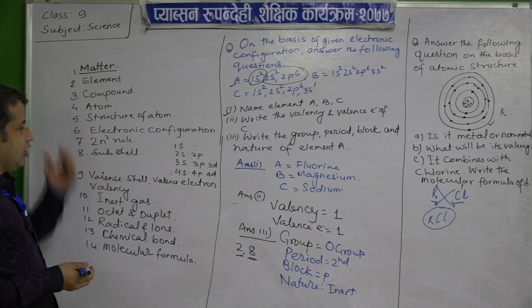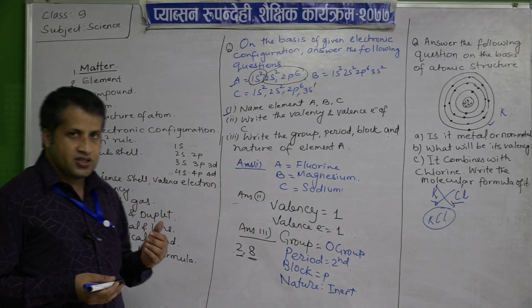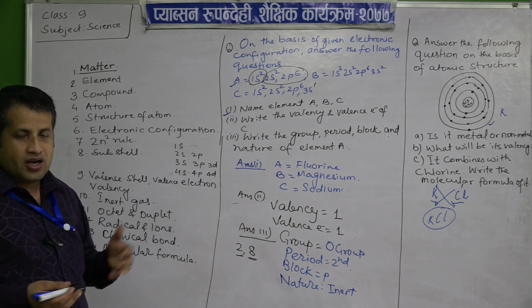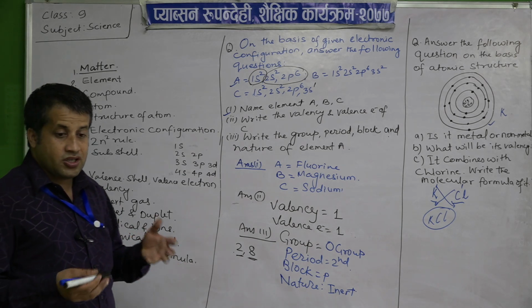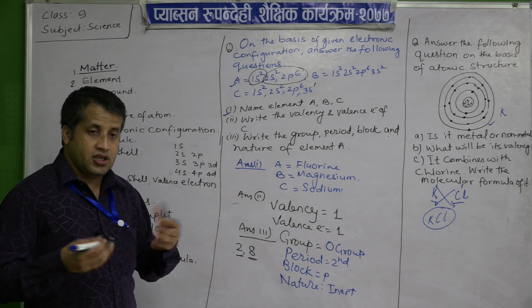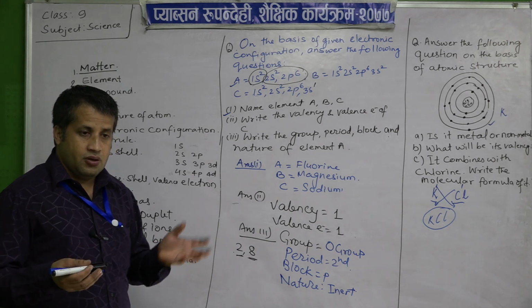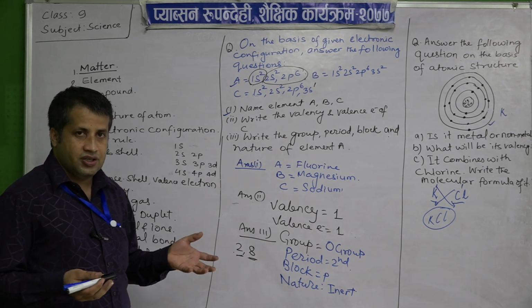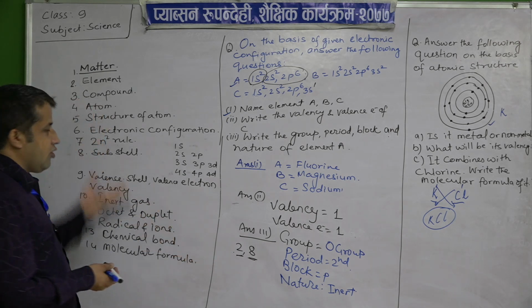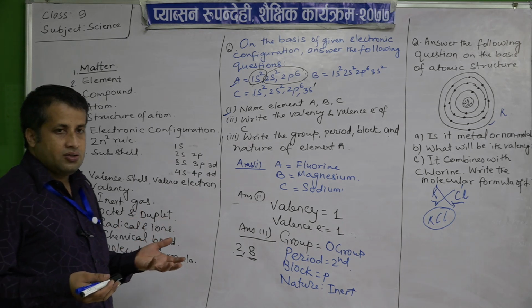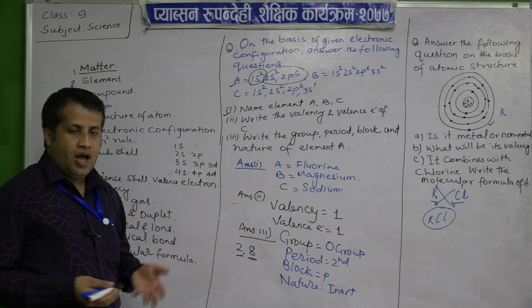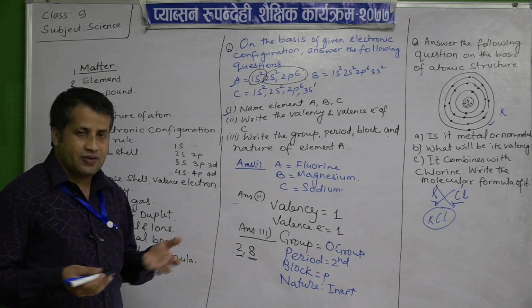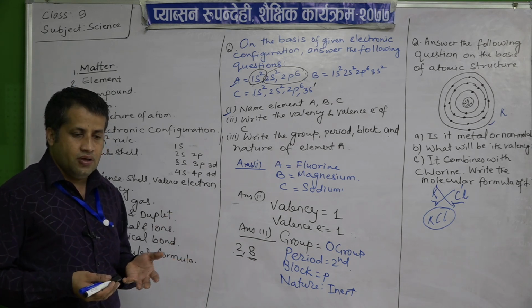Then after that, the element, the simplest form, the smallest particle of matter. That we have studied. After that, we came to know how many elements are there in nature: 118. Out of them, how many were natural and how many were artificial, synthesized by human beings.